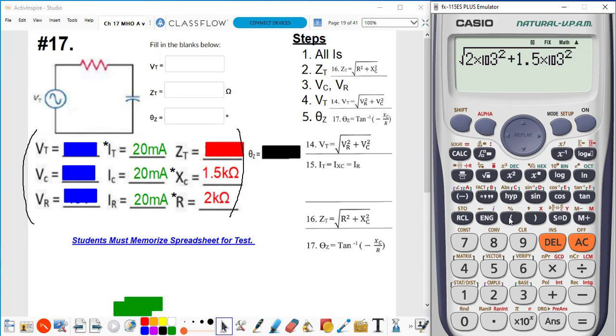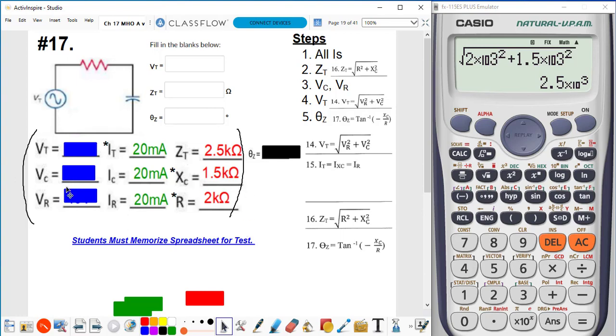I'm going to square that, and I'm going to get an answer of 2.5K ohms for ZT. And Z stands for impedance. Whenever we have reactance and resistance in the same circuit, we have an opposition to current flow called impedance.